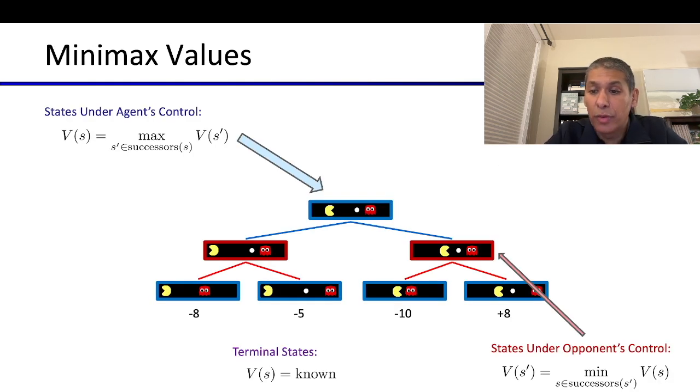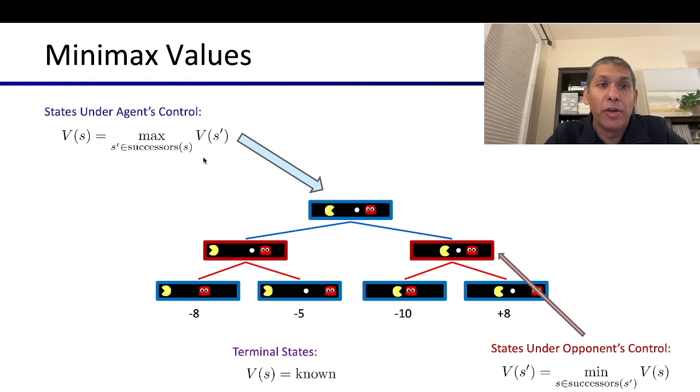The terminal state, in the case of chess, could be when one side has checkmated the other one. So mathematically, we would write this as a minimax value: for a state under agent control, it is going to think about all the possible moves that we can make, and we're going to try to make the best possible move.